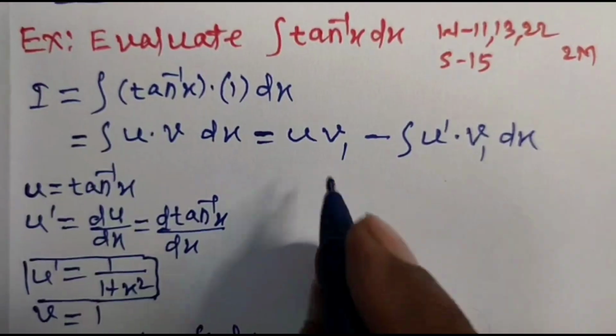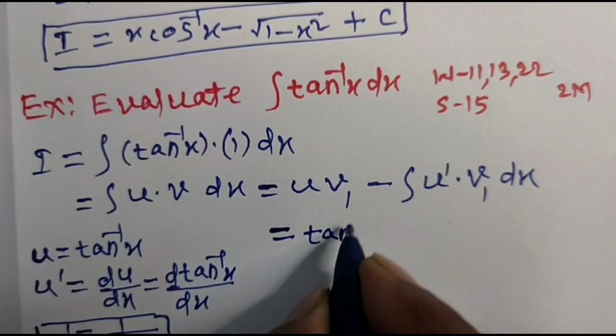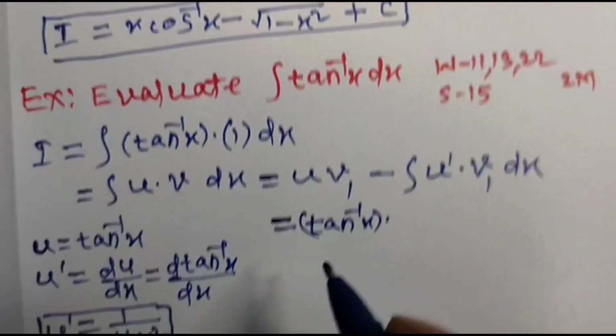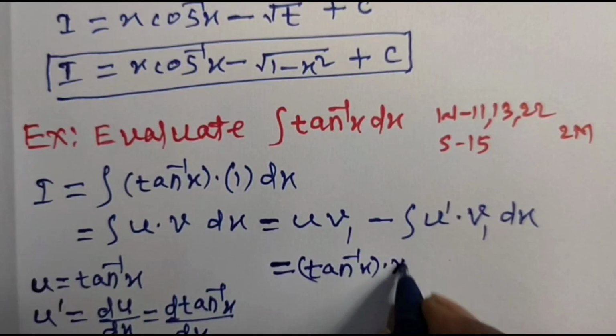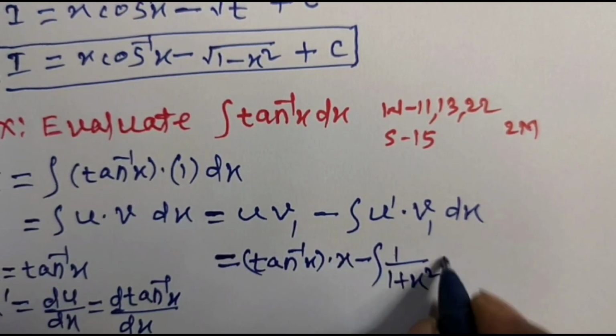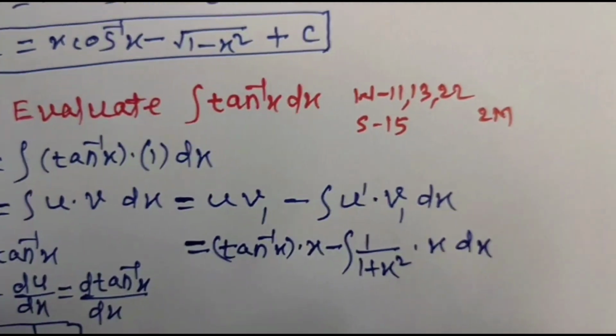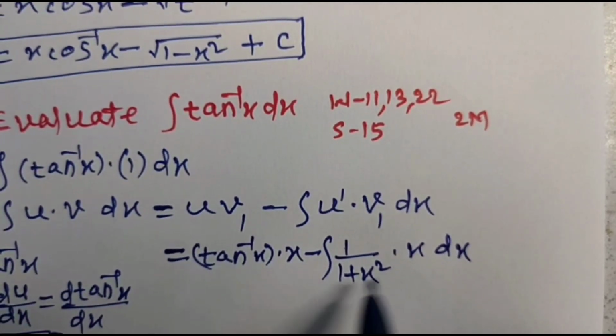Put in this formula. Hence this is equal to tan inverse x into v1, v1 is x, minus integral of 1 upon 1 plus x square, and v1 is x, integral with respect to x. Now simply we have to evaluate this integral.